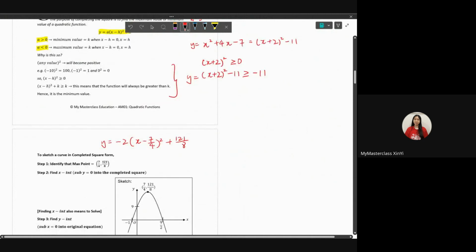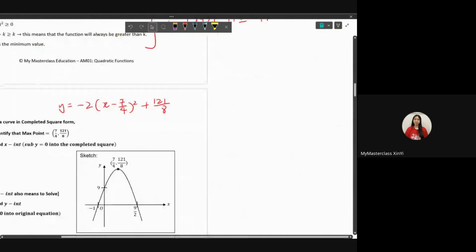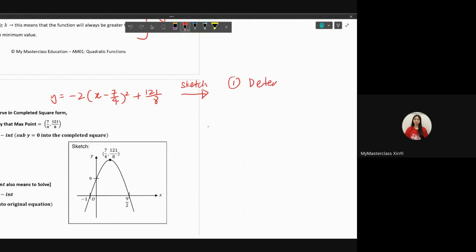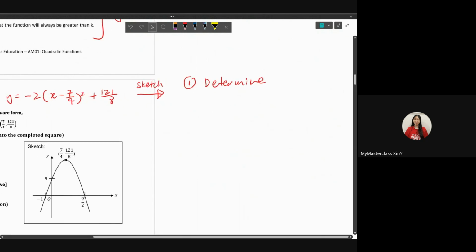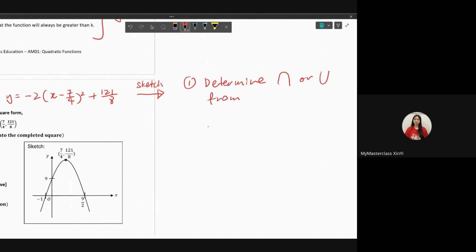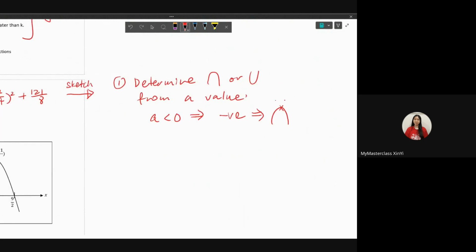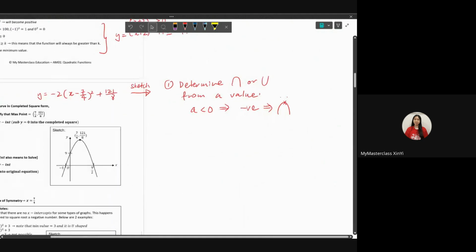If we want to sketch the curve, the first step is to determine N shape or U shape from your a value. In this example, your a is less than 0, so it is negative. So it is an N shape.